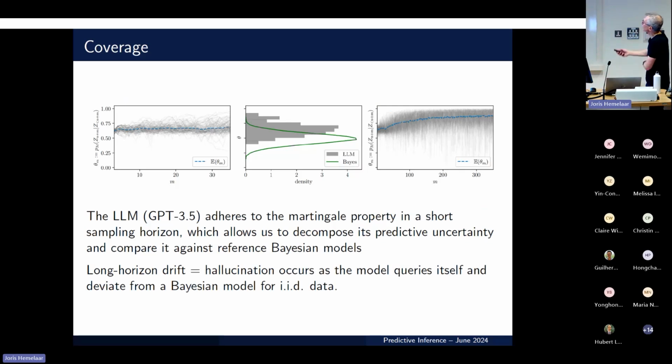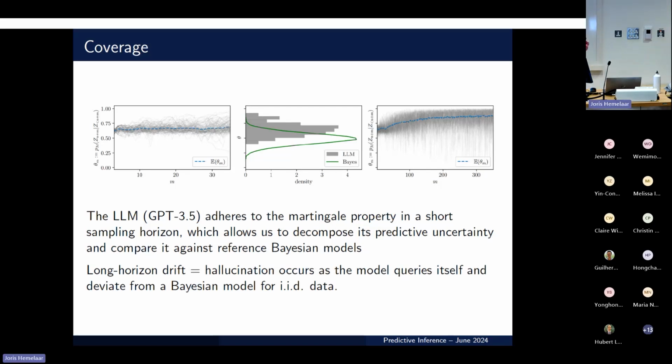When we look at that, this is the short scale behavior of LLMs. They look okay over a finite horizon. But when we look over a longer distance, we get this very uncertain behavior, and this kind of introspective hallucination.